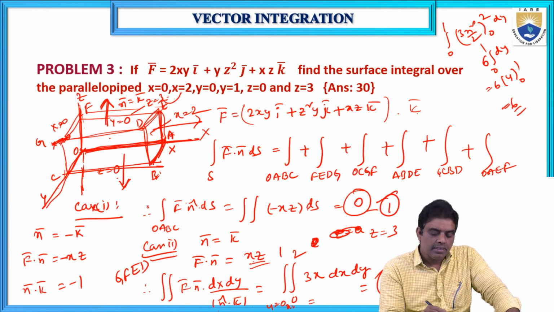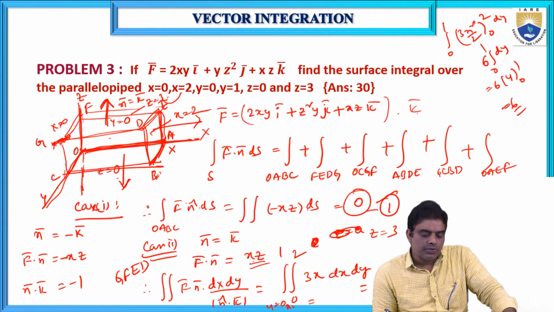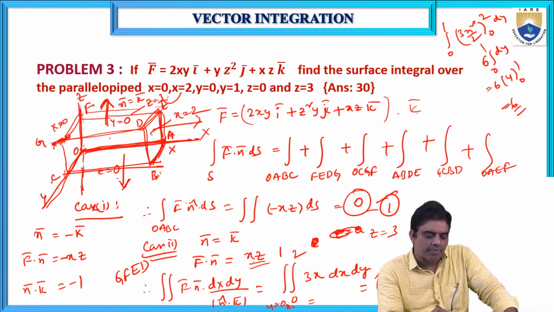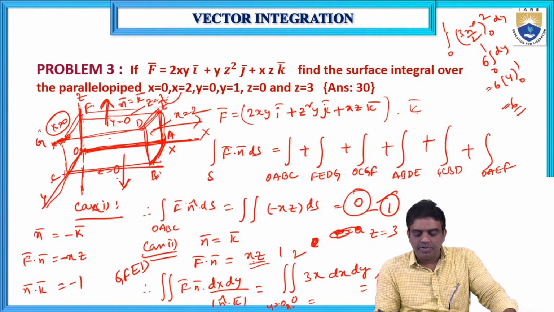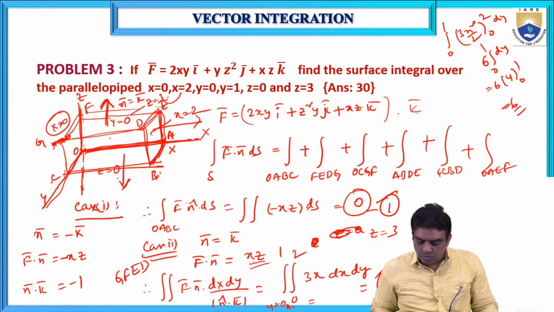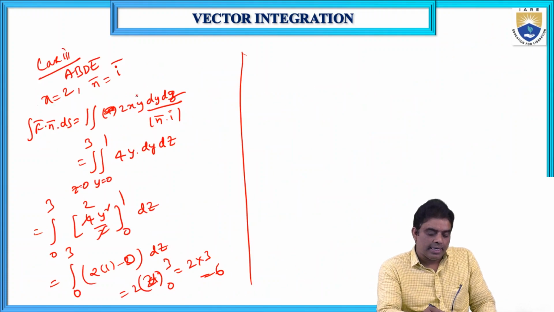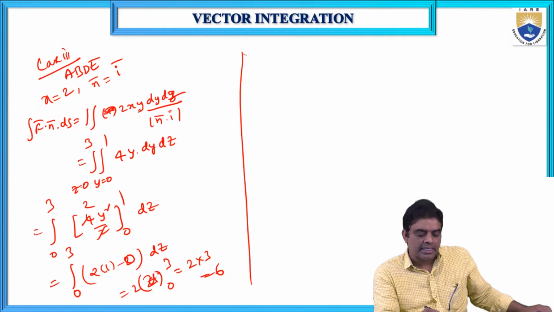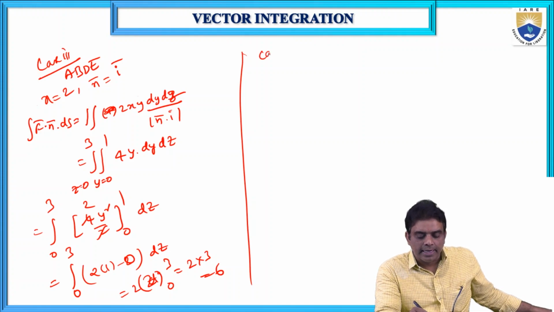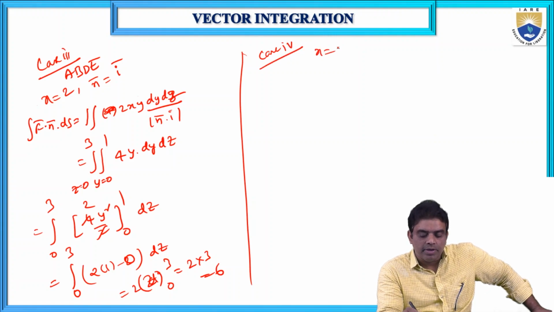Similarly, case 4. Case 4 is OCGF. The equation of OCGF is x is equal to 0, so on putting x as 0, you get the entire term 0. In the previous case, we put x is equal to 2. So case 4, similar evaluation, x is equal to 0 and n bar is equal to minus i bar.